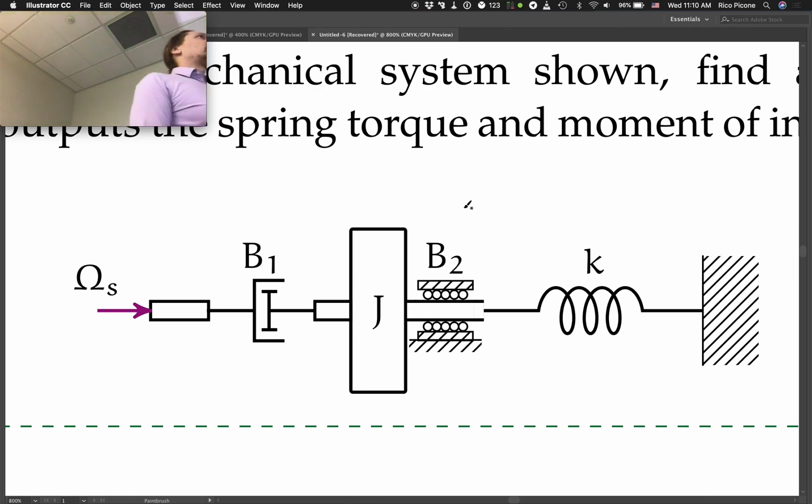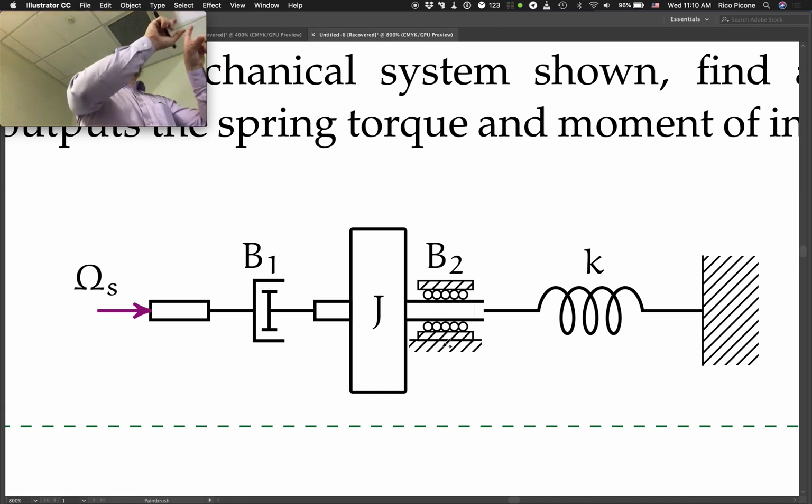As you will learn in machine design class, you really will never support a shaft with one bearing. You're going to want to have at least two, but we could model two bearings in a lumped parameter model as one bearing, as long as they're attached to the same piece of shaft.